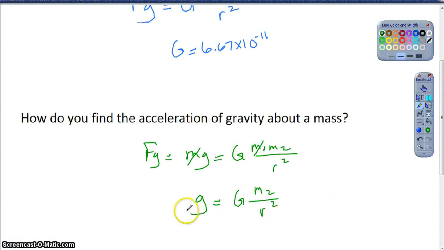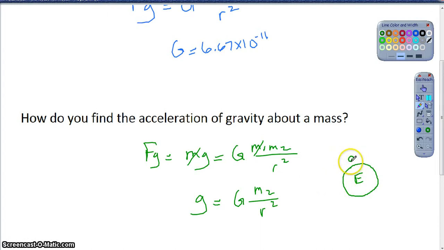So the biggest question that you do need to make sure you're thinking about is which mass cancels out and which one remains in the equation. And in fact, the mass that cancels out is the mass of the object. So if I'm thinking about the Earth, so here I have the Earth, and then in order for me to have a force, I have to have another object in close proximity to the Earth. So I have an object on the Earth's surface.